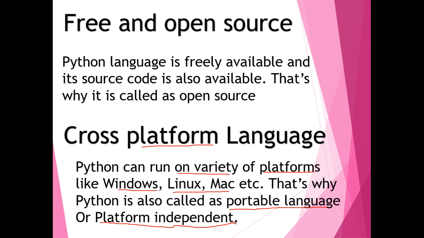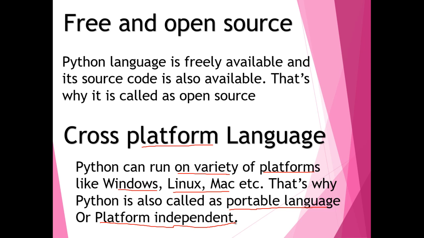In our course we are going to learn the Python programming language. This language was developed by Guido van Rossum in 1991, and it has many features. The first feature we discussed is that it is free and open source.